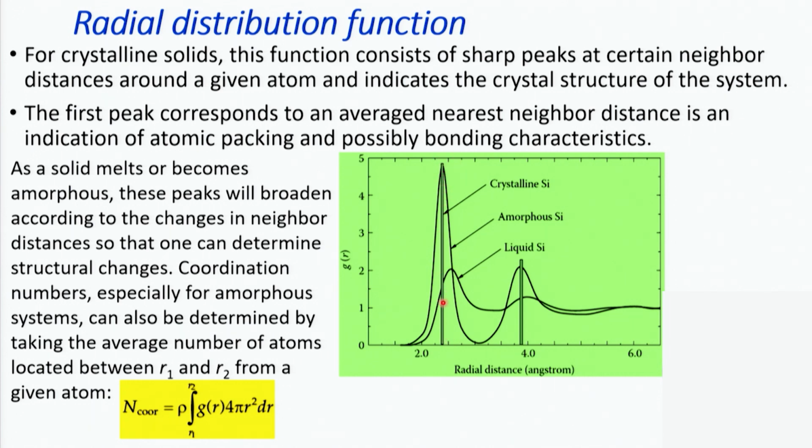So, you can say that this is the first coordination, the first nearest neighbor, and this is the second neighbor. Okay. Now, if it's crystalline, this will be fixed, but if it's kind of amorphous, you will get a more spread-out one, or if you get a liquid, you will get even more spread. So, from this radial distribution function, we can say about the structure of the material.